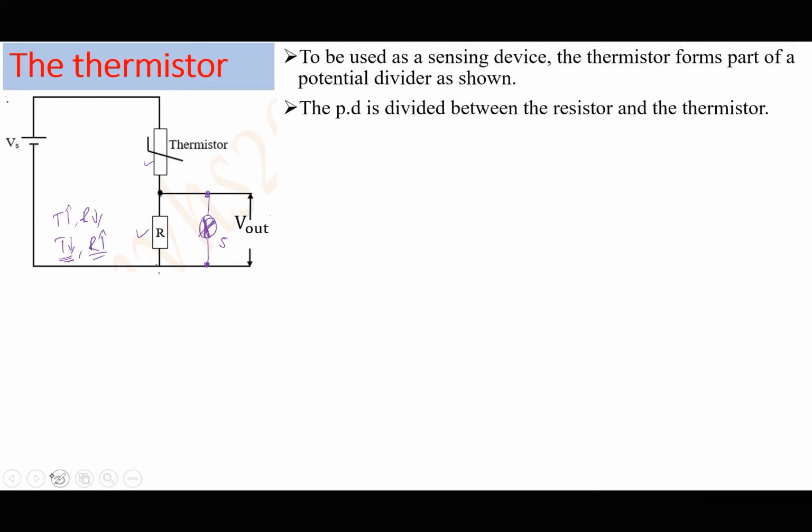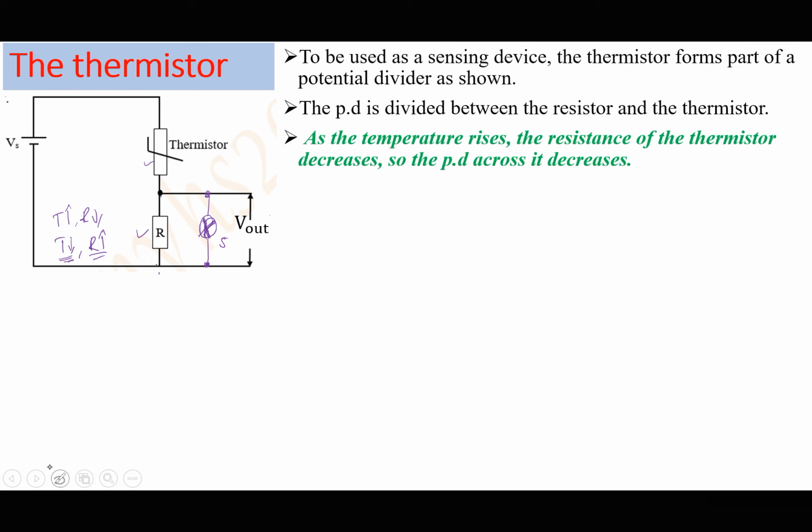So the potential divider, or the PD, is divided between the resistor and the thermistor. And as the temperature rises, the resistance of the thermistor decreases. So it means the PD across the thermistor decreases, because from V equals IR, since the resistance of the thermistor decreases at increased temperature, the PD across the thermistor decreases.